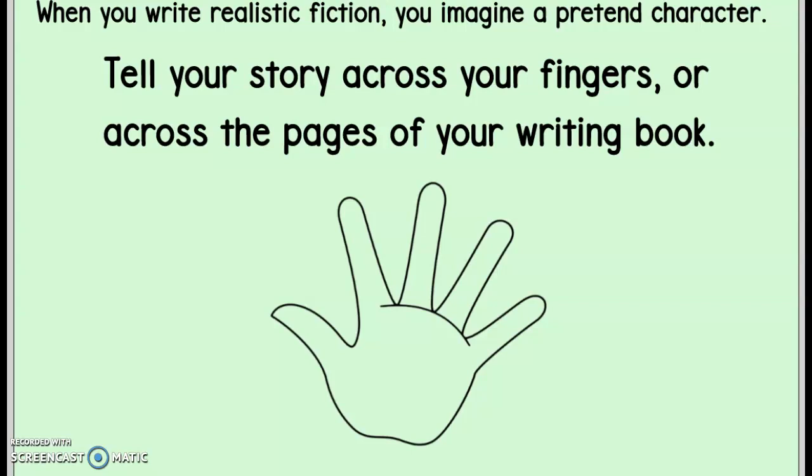So as I tell the story across my fingers, my first finger, I'm going to say, first, Gretchen heard the sound of an animal, and she came closer. Next, she realized it was a bird, and she was afraid it might peck her. Then, she decided to be brave. Finally, she scooped the bird in her sweater, and then she went home to ask for help.